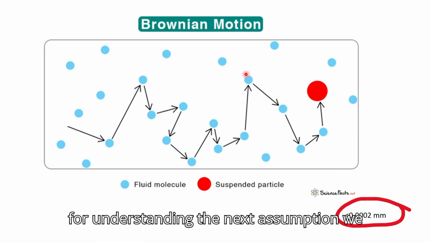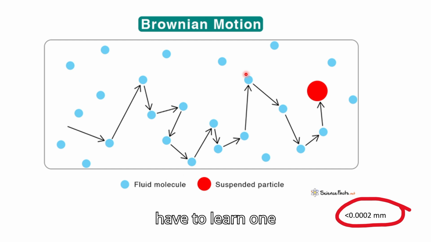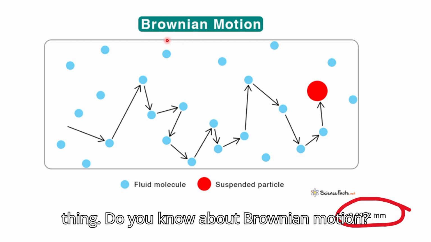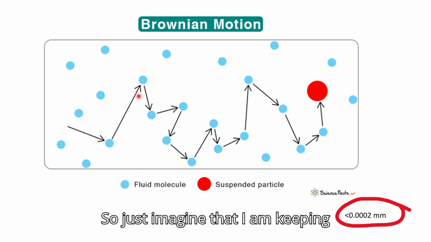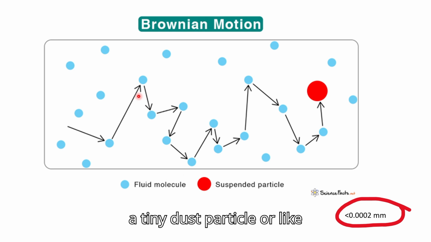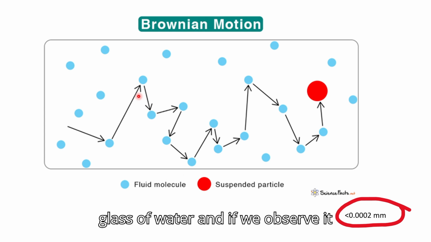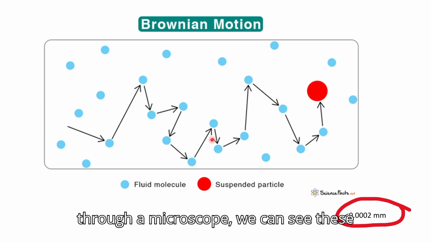Then, for understanding the next assumption, we have to learn one thing. Do you know about Brownian motion? Just imagine that I'm keeping a tiny dust particle, say any soil particle, in a glass of water, and we observe it through a microscope.